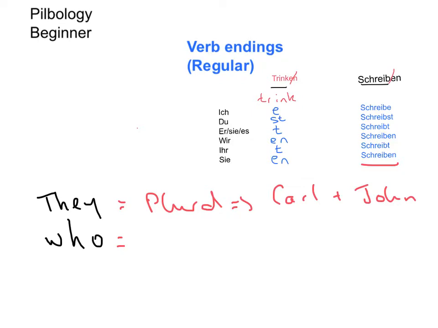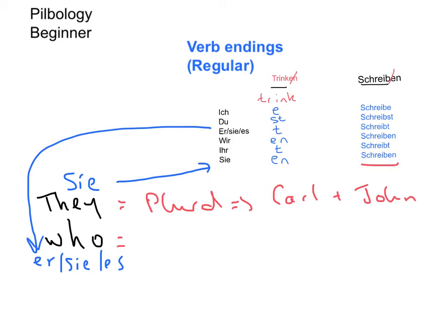Okay, so who actually takes the third person, it's called the third person singular. So the sie, es form. So they takes the sie here, but who takes the sie, es form, meaning he, she, it.